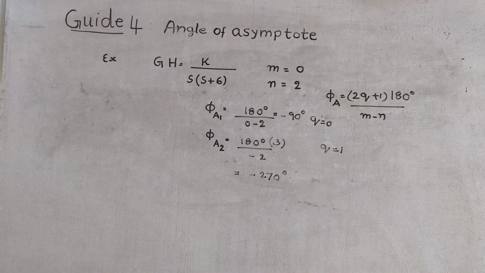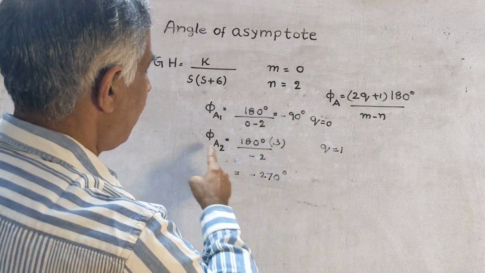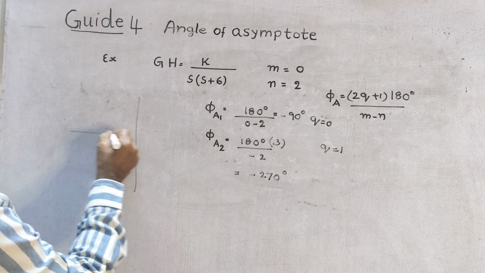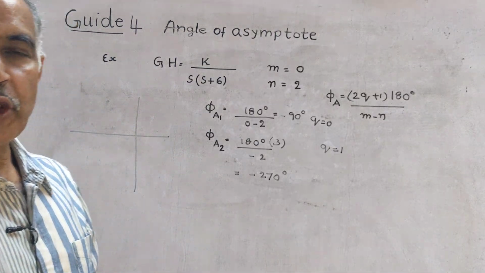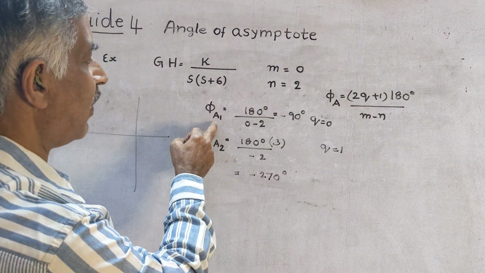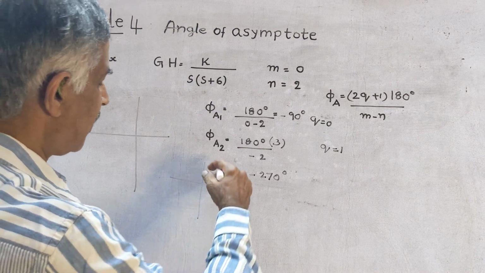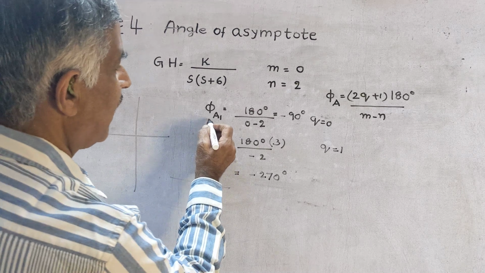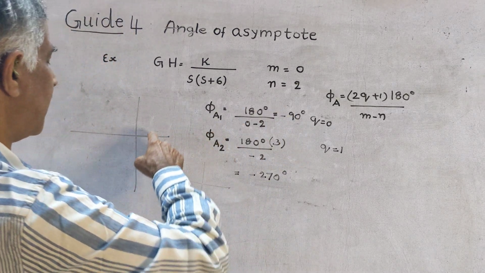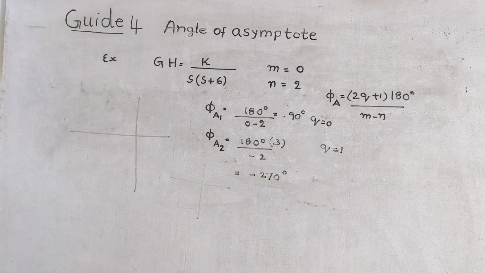Therefore, phi a1 is minus 90 degrees, phi a2 is minus 270 degrees. Later I will show you how to mark this angle. For the time being, we just calculate phi a1 equal to minus 90. Minus 90 means the angle is measured in the clockwise direction. So phi a1 is minus 90 degrees and phi a2 is minus 270 degrees.